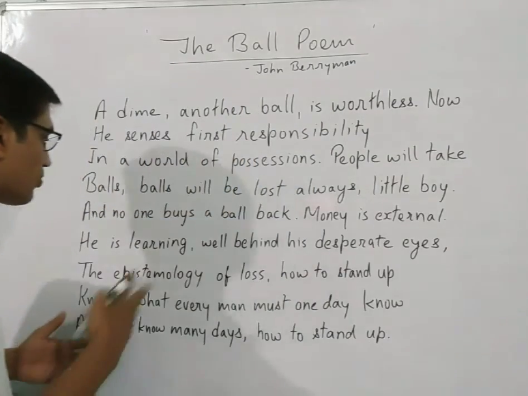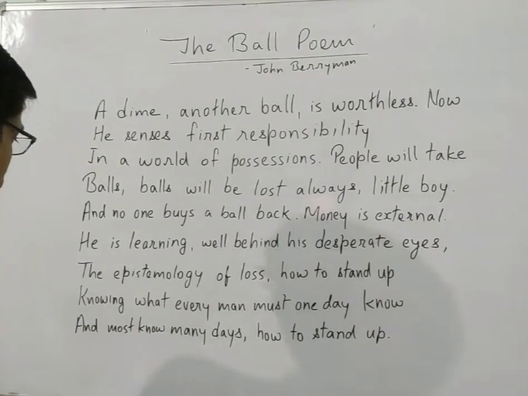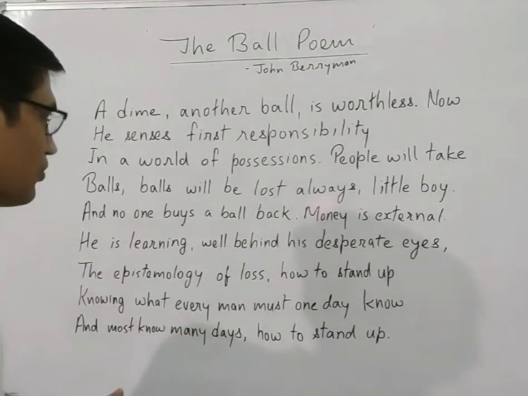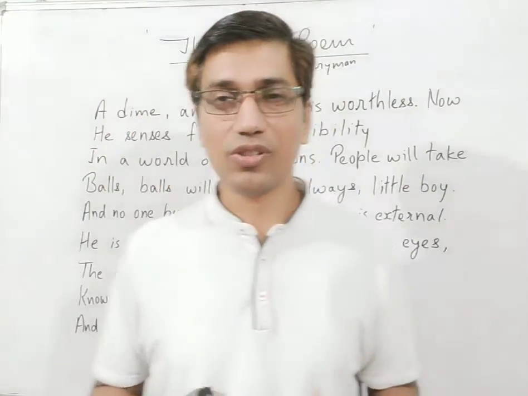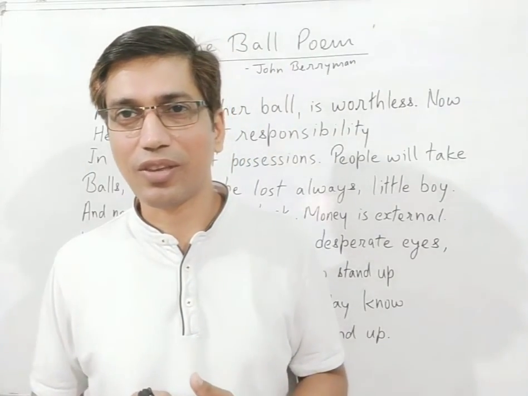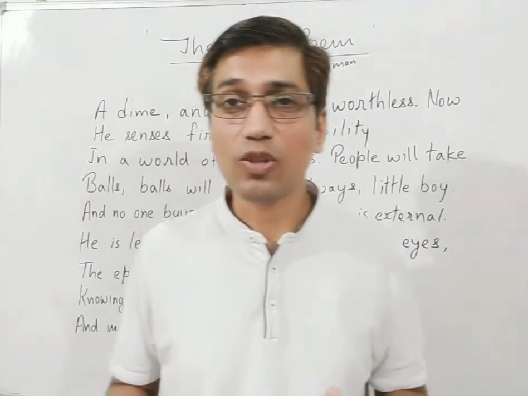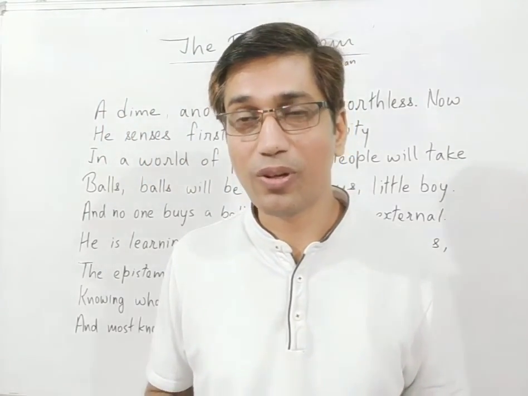There is repetition, and there is alliteration too, where the consonant sounds are repeated in a line. These are a few things that you will find in the poem. The poem is in quite simple words, no difficult phrases, nothing you cannot understand, and it teaches you a very important lesson. So I hope you have understood the whole poem, and you will enjoy it.